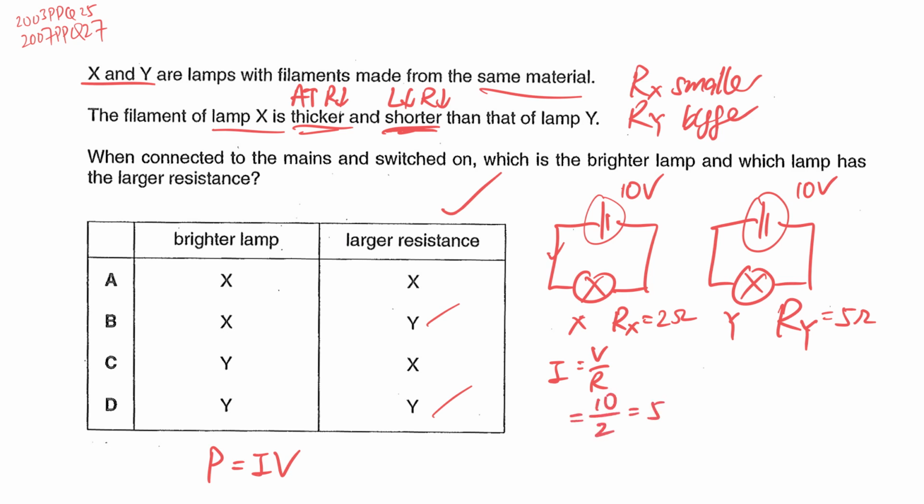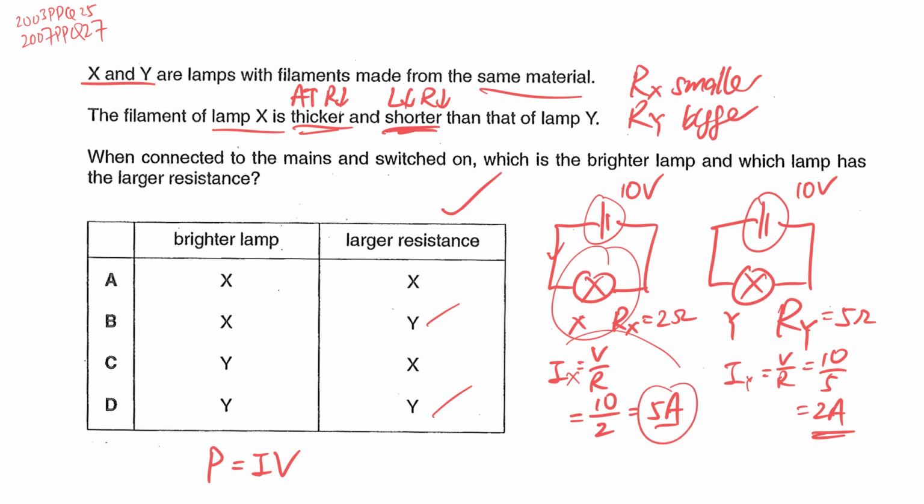So the current flowing through lamp X is 5 ampere. And the current flowing through lamp Y will be V over R, 10 divided by 5, which is 2 ampere. So this is very clear. The current flowing through bulb X is much higher compared to lamp Y, therefore it will be brighter. So it's X, so the answer will be B.